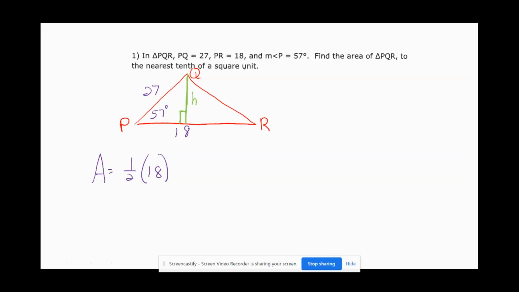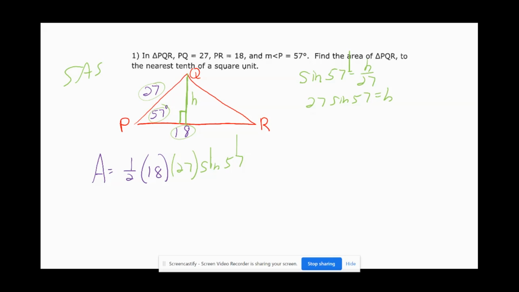I would take the sine, just to show you how to do it. You don't have to do this every time because then you'll trust the formula. So you would have sine 57 is h over 27, or 27 sine 57 equals h. Notice that when you have something that is SAS, that means side, angle, side.